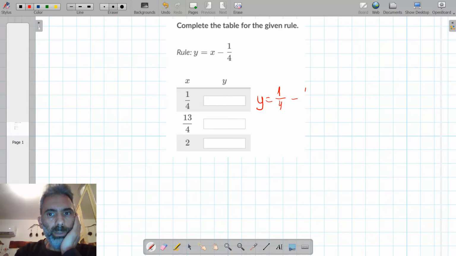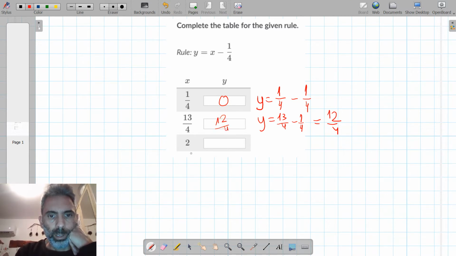If x equals 1/4, then y equals 0, because 1/4 minus 1/4 is 0. Okay. If x equals 13/4, then y equals 13/4 minus 1/4, which means that in this case y equals 13 minus 1 is 12/4.